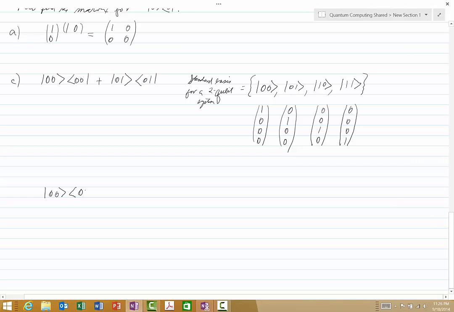Okay, so for this problem, the work is once again very simple. So the 0, 0 ket is represented by 1, 0, 0, 0, that column vector.